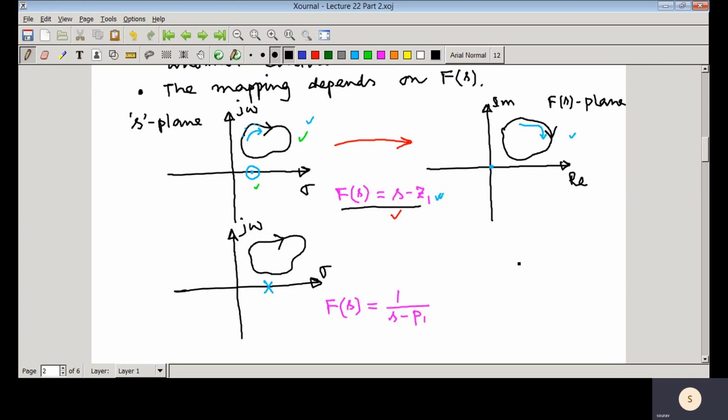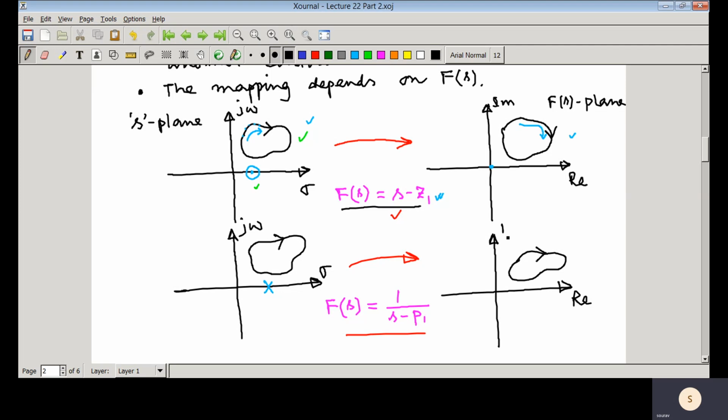If you map it via this function, the contour will be along the same direction, that is clockwise, and it does not encircle the origin.